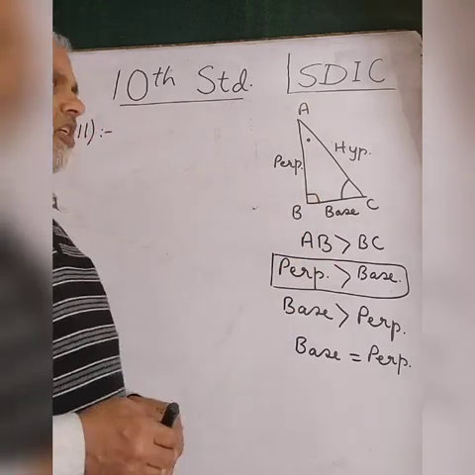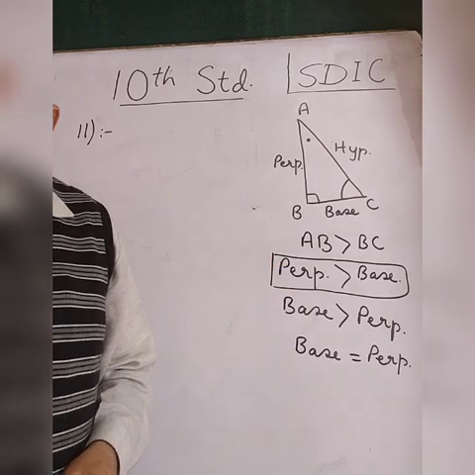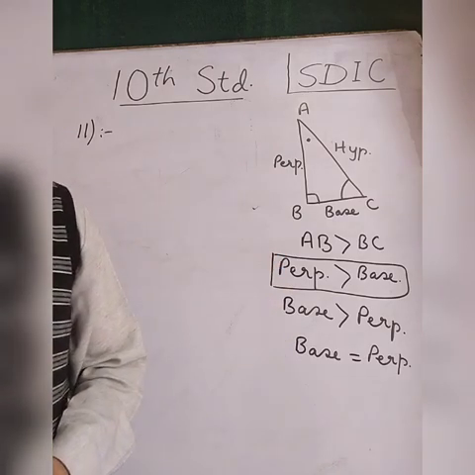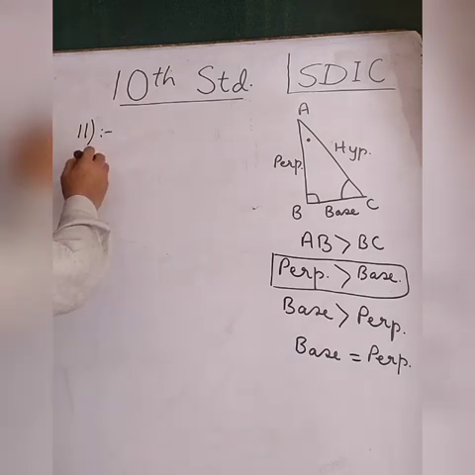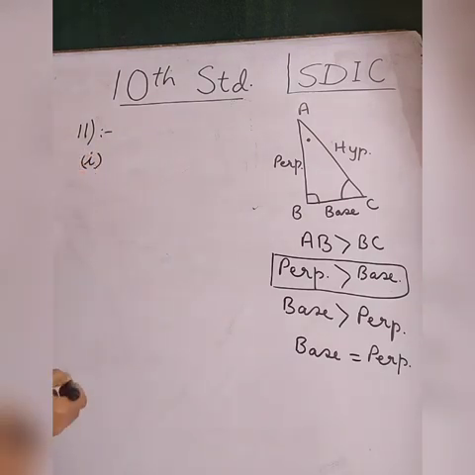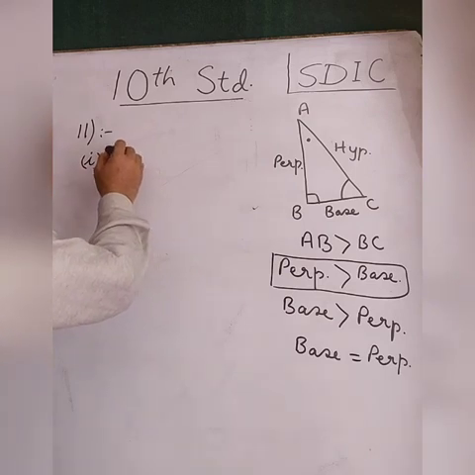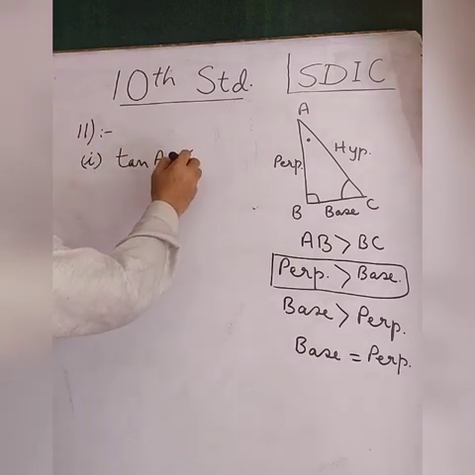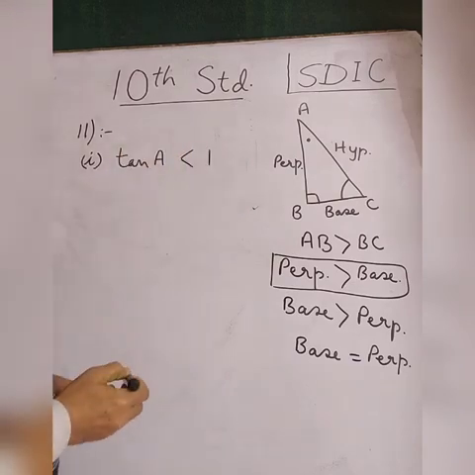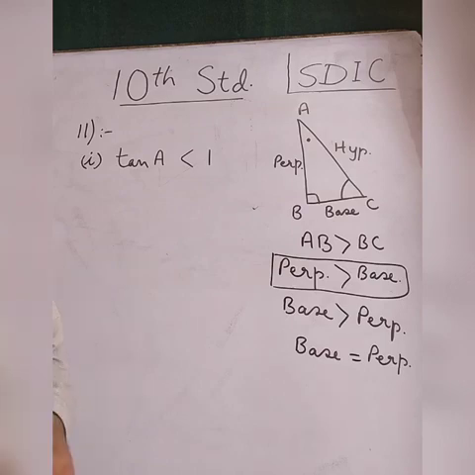Now keeping in mind all these facts, you have to now answer the questions of the 11th question. First part here we have: the value of tan A is always less than 1. We are asked whether the value of tan A is always less than 1.